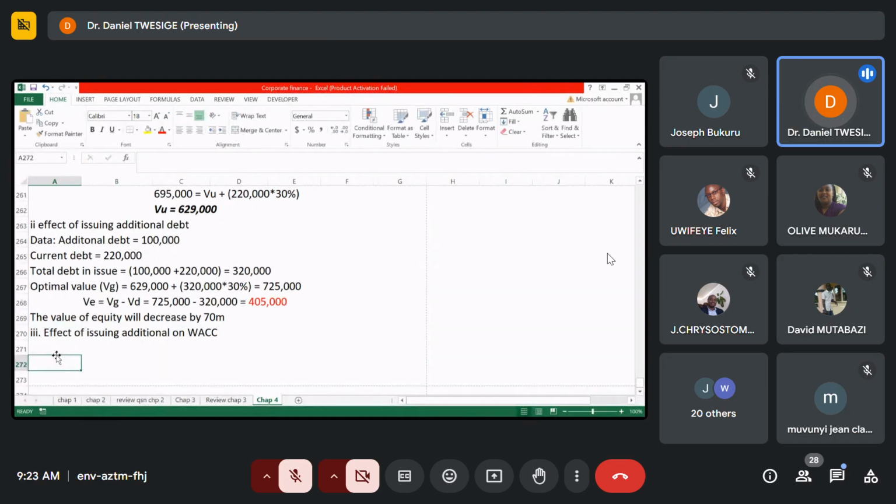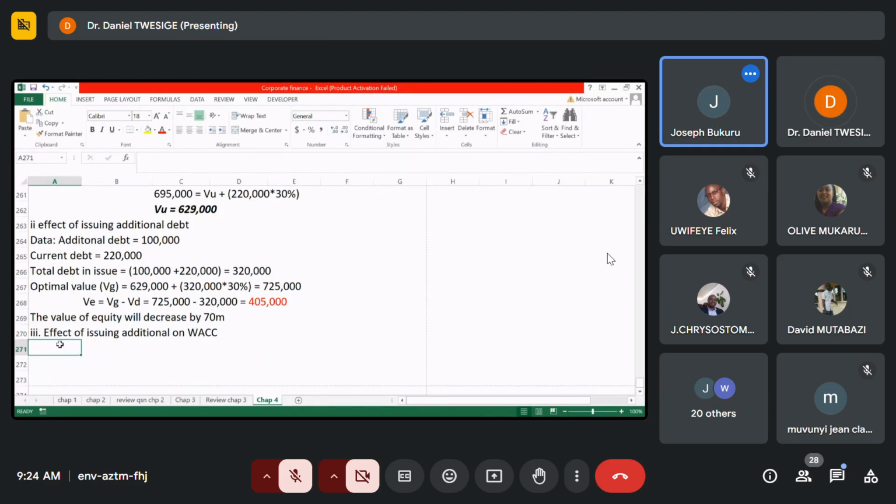Now, when you are attempting this, you are going to look at... Excuse me, when you say the value of equity, you mean the value of the geared equity? That is the geared equity. Okay, yes.